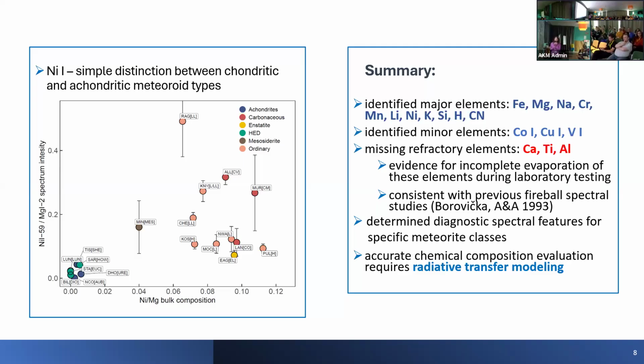This is actually consistent with previous fireball spectral studies. And as I mentioned, we determined some diagnostic spectral features for specific meteorite types. However, to determine very accurate chemical composition or elemental abundances, detailed radiative transfer modeling is needed.